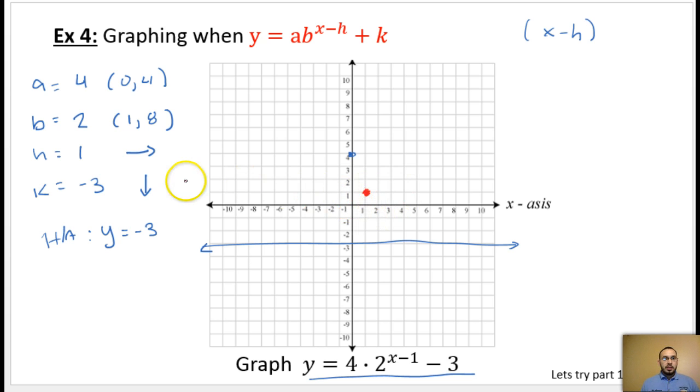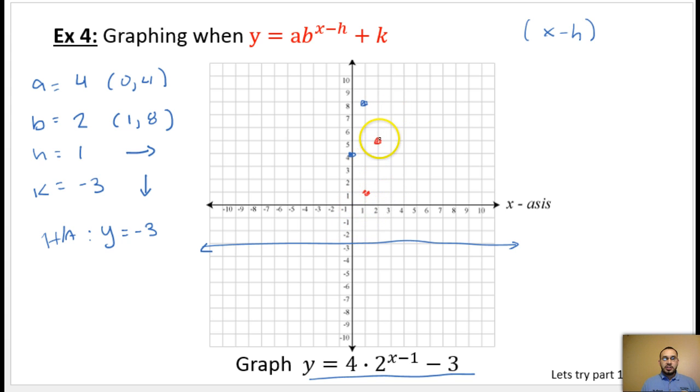Okay. The second point we have is 1, 8. So here is 1, and we're going to go up 8 units to 8. We're also going to apply our shift. From here, we're going to go 1 unit to the right and 3 down. 1, 2, 3. There it is.